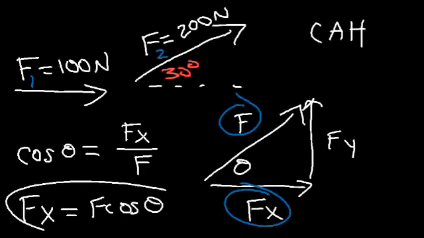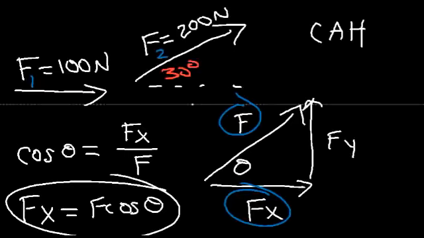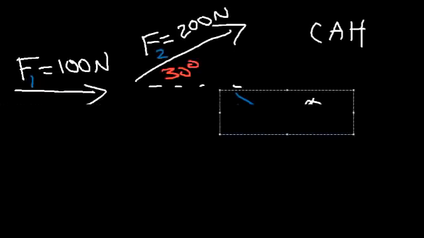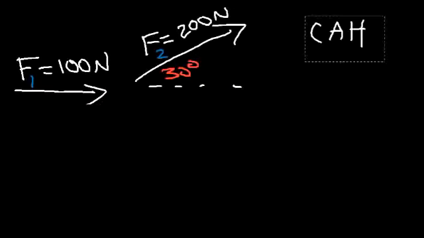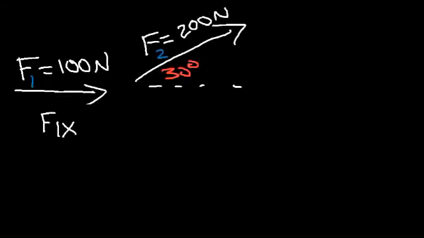So remember this equation too. So to add these two vectors, we need to find F1x and F1y, and we also need to find F2x and F2y.